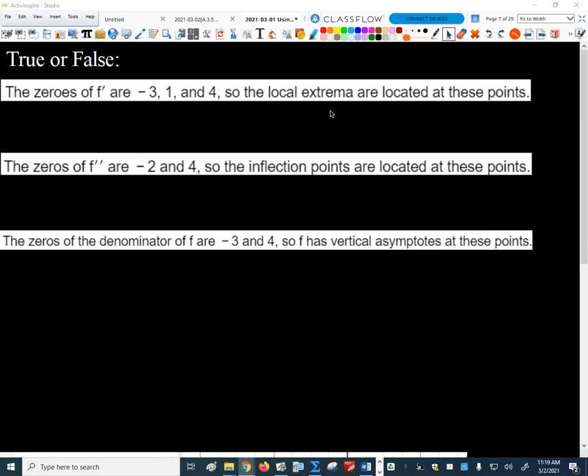You could have one of the points where it comes up and then levels off and then keeps going up. Okay, yeah. It could be an inflection point, couldn't it? Yeah, it could be an inflection point instead, right? So we're false there.